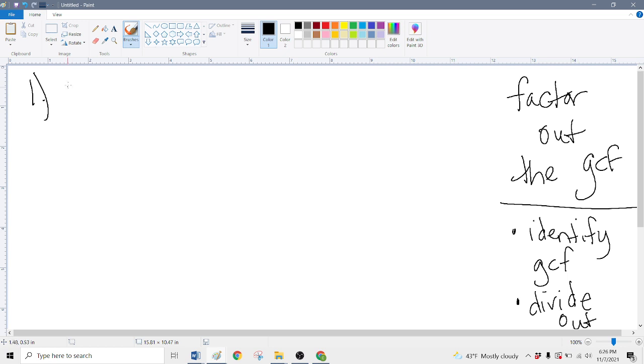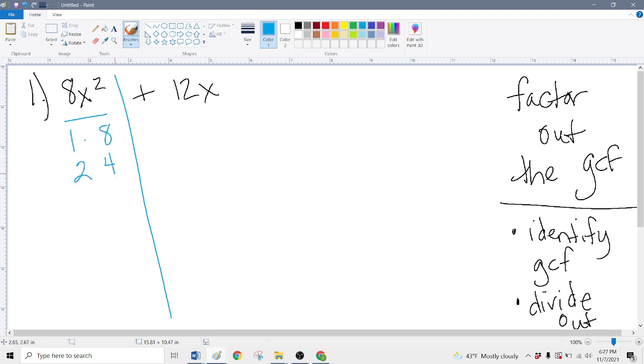So our first example is 8x squared plus 12x. Let's go ahead and look at the factors for each term. Remember, this sign to the left of the 12x goes with that term, okay? So the number part of this term, the factors would be 1 and 8, and then 2 and 4.